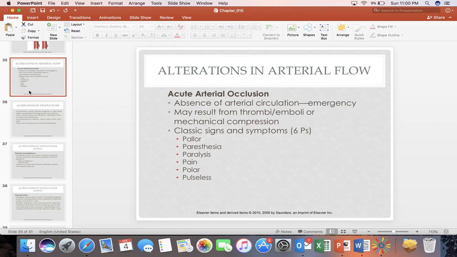The classic signs and symptoms of arterial occlusion include the 6 P's, which are pallor, the whitening or blanching of the area distal to the obstruction; paresthesia, which is numbness; paralysis; pain; poikilothermia, or coldness; and pulselessness. If you do not have any blood traveling through the arteries, you will not have a pulse in that area.